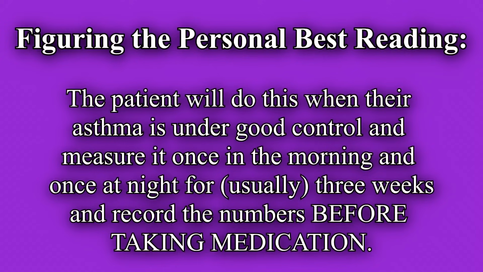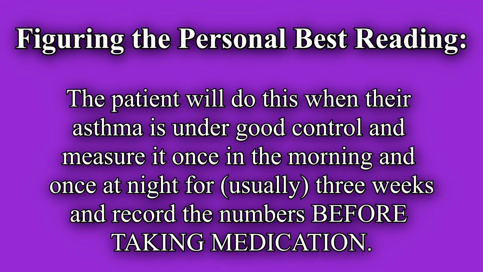To figure this out, the patient will do this when their asthma is under good control, not when they're having asthma attacks and issues. So to figure out the personal best meter flow reading, they do it whenever their asthma is under control and doing good. They will measure it once in the morning and once at night, usually for 3 weeks, and record the number before taking the medicine.